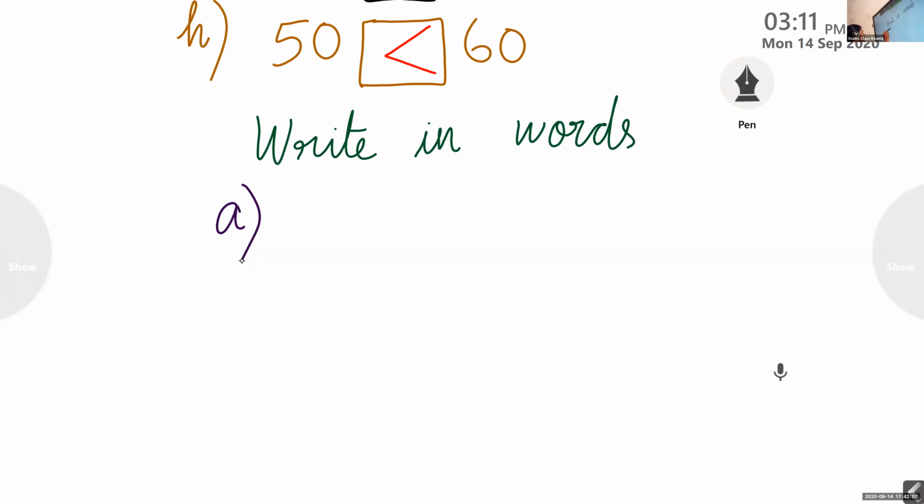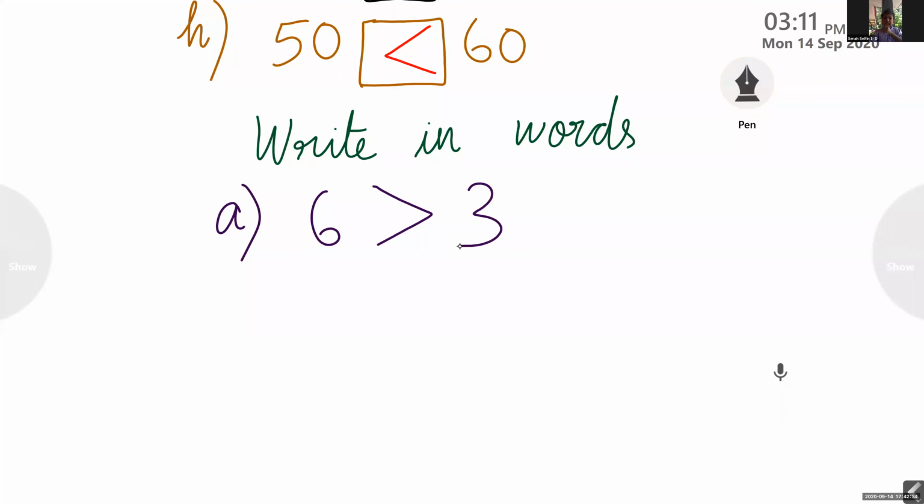Okay, first one we have 6 and this is a symbol and 3. How will we read this? Sarah, unmute and tell me how we will read this. 6 is, what is the symbol? Is it less than or greater than? Greater than. Very good, good girl. So we can say 6 is greater than 3.